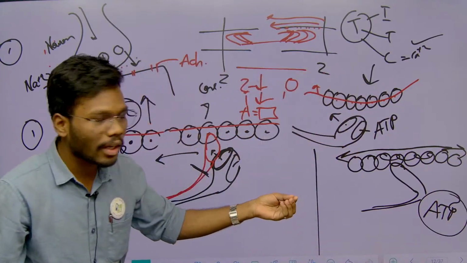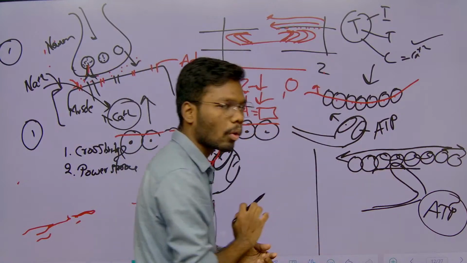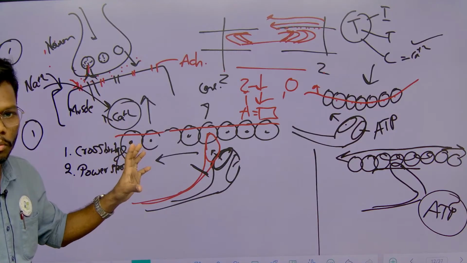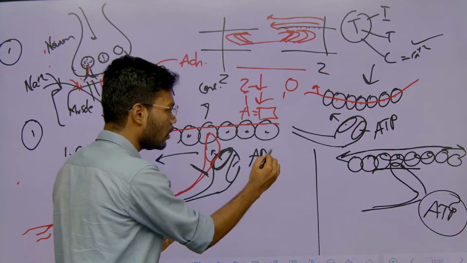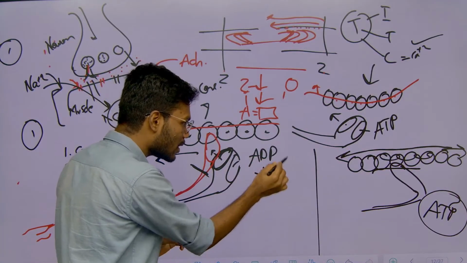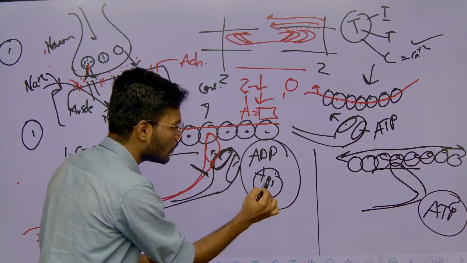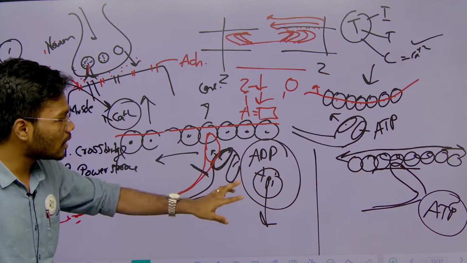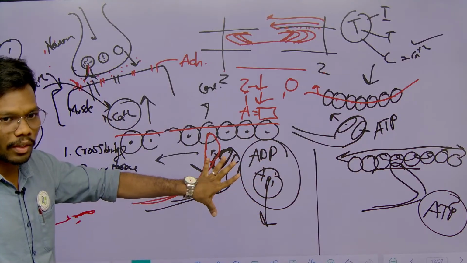Whenever there is a new ATP molecule, the cross bridge is broken, right? Then the first ATP molecule is hydrolyzed into ADP plus phosphate. With this energy the cross bridge is formed, and whenever the phosphate is removed, the power stroke appears. After this, ADP goes, phosphate is also gone, and here we have free binding sites.